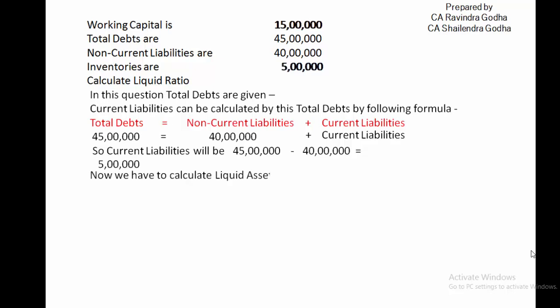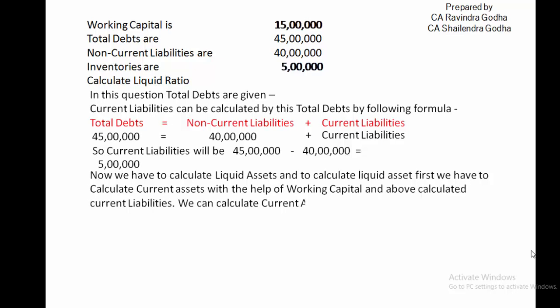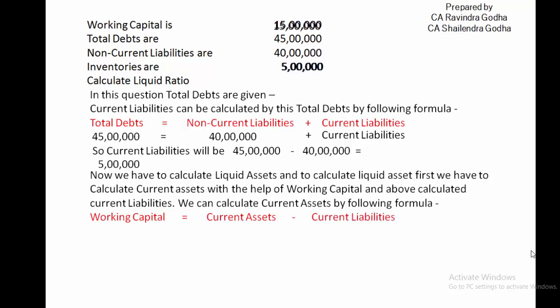Now we have to calculate liquid assets. To calculate liquid assets, first we calculate current assets with the help of working capital and the current liabilities calculated above. Working capital is equal to current assets minus current liabilities. Working capital given in the question is 15 lakh, and current liabilities we calculated are 5 lakh.